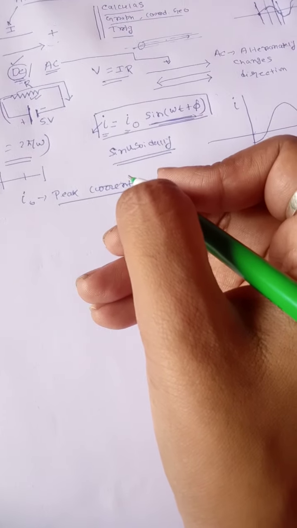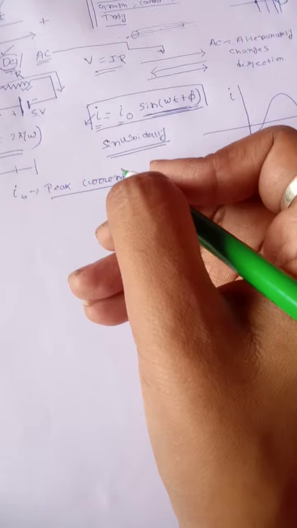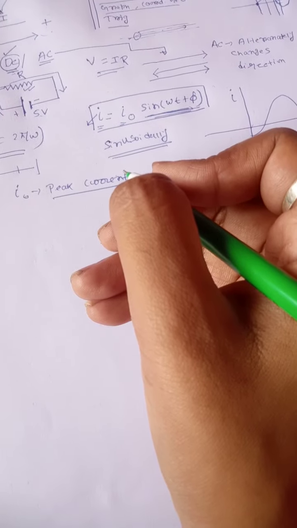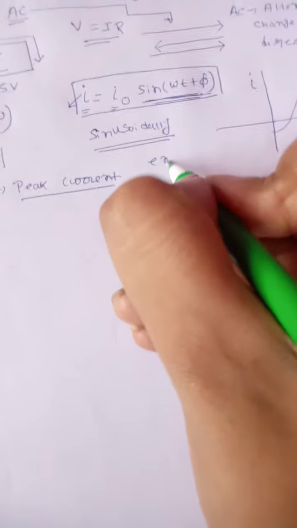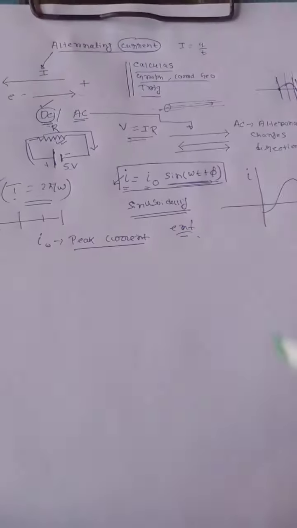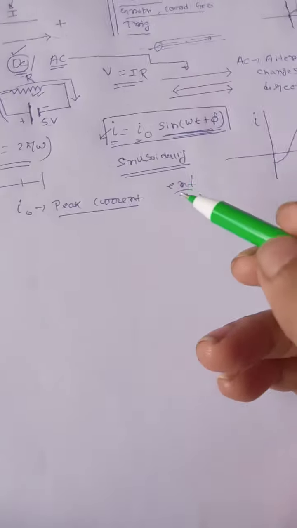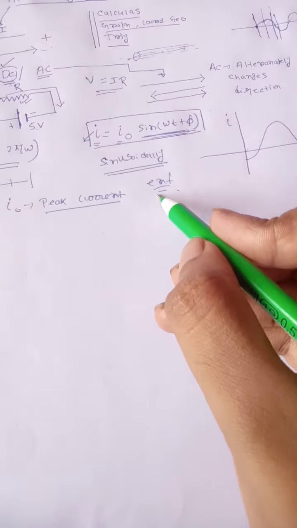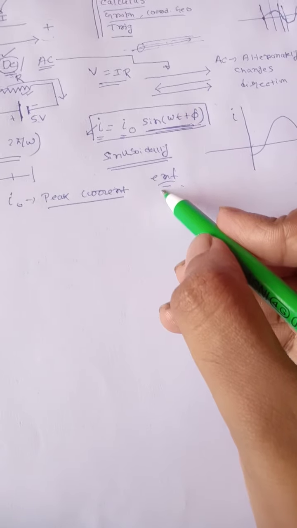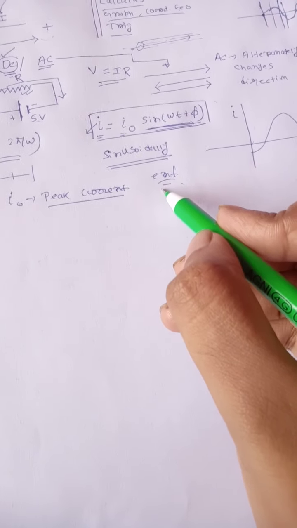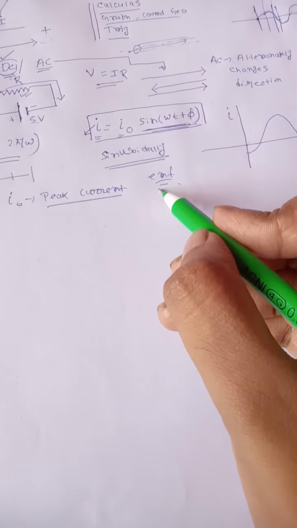To get sinusoidally varying alternating current, we need a source which can generate sinusoidally varying electromotive force, EMF. I hope you know what a generator is, a dynamo is. So we basically need an AC generator, also called an AC dynamo, that can be used as such a source, which can give us a sinusoidally varying EMF.